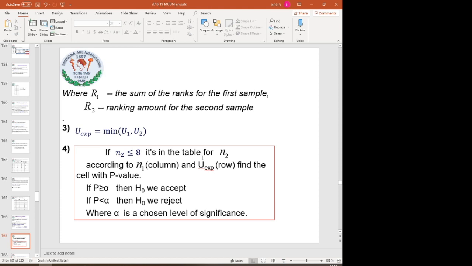The rows of this table are denoted by the experimental value, this minimum, and columns are denoted by n1, the sample size of the first sample. And in the intersection of n1 column and Ux row, we find the so-called p-value.